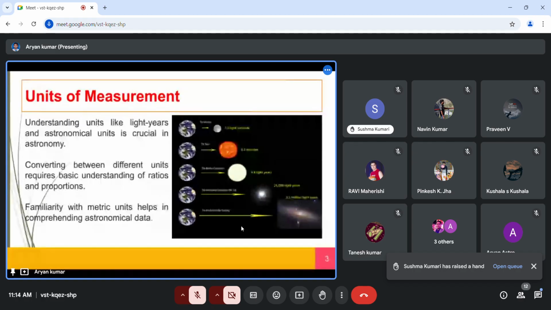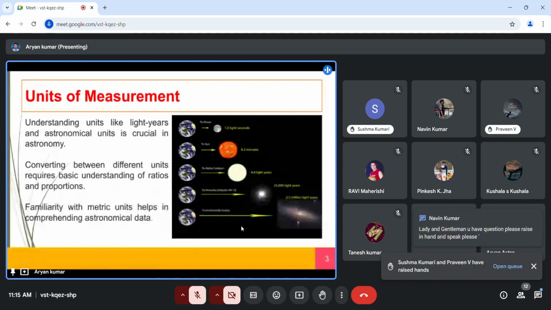Alpha Centauri is about 4.4 light years away. A light year is the distance light travels in a straight line in 1 year. A parsec is about 3 light years, and kiloparsecs are 1000 parsecs. We will discuss that in some further slides.